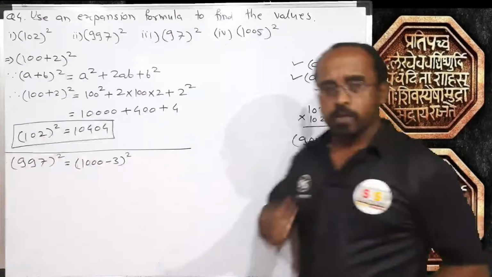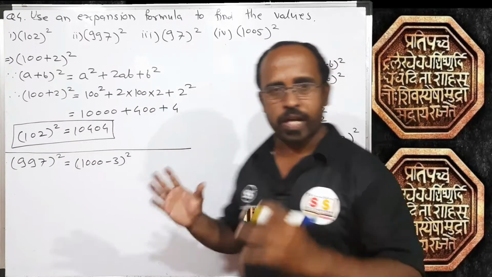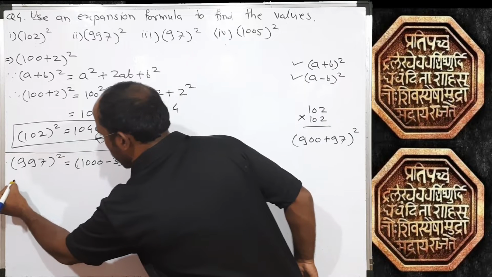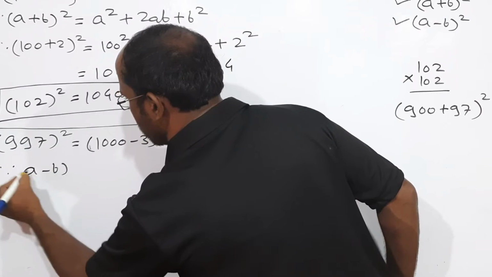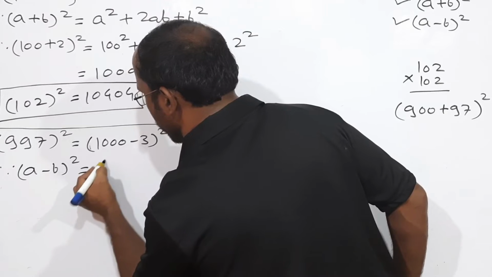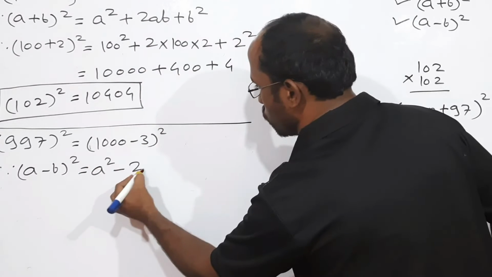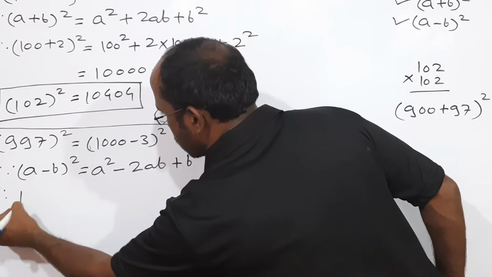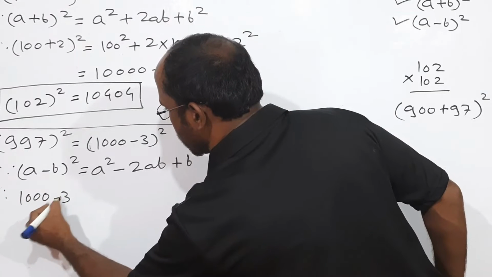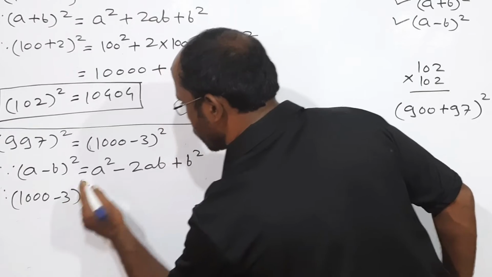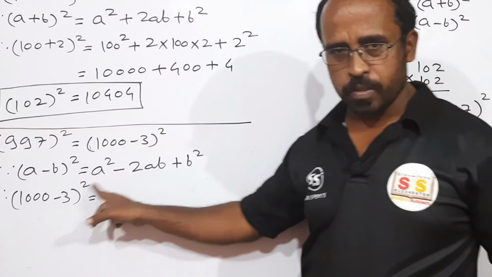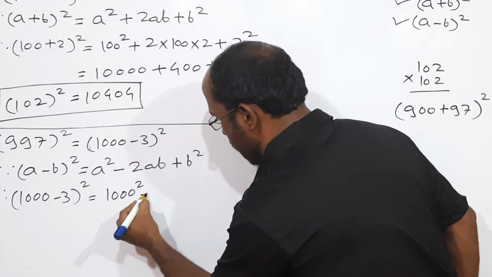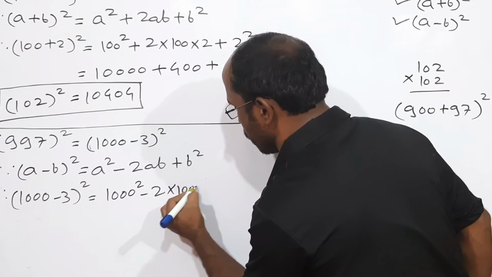So let's use it. Whichever formula we are using, we have to write it first. That is our methodology to remember the formula. So let's write the formula. (a minus b) square is equal to a square minus 2ab plus b square. Then (1000 minus 3) square is equal to, first, at the place of a square, square of 1000, minus 2 into 1000, right?